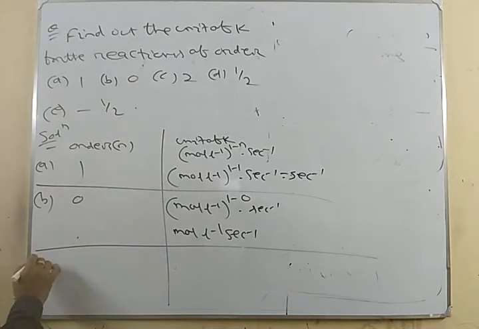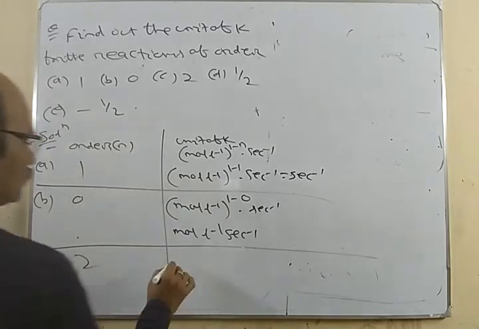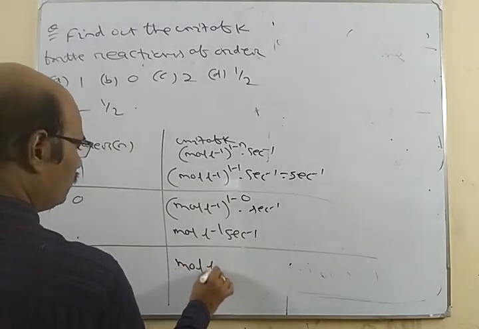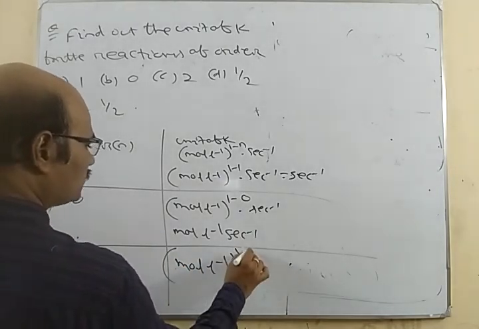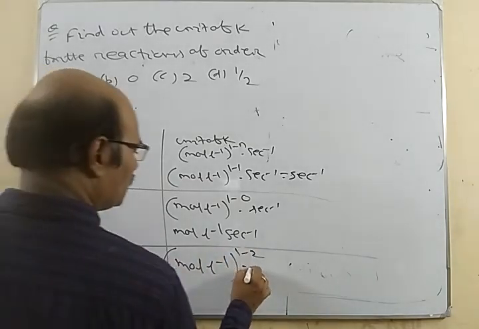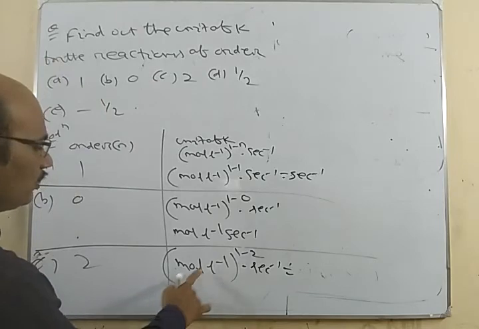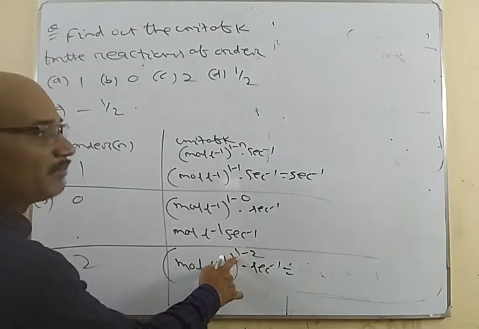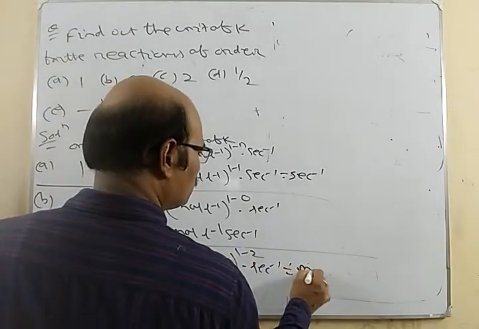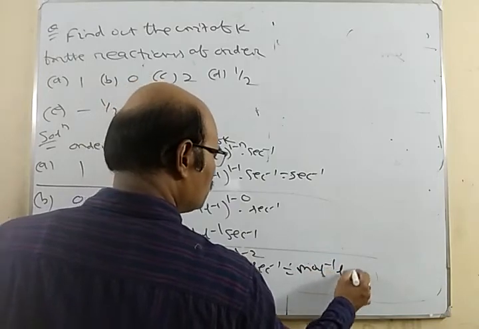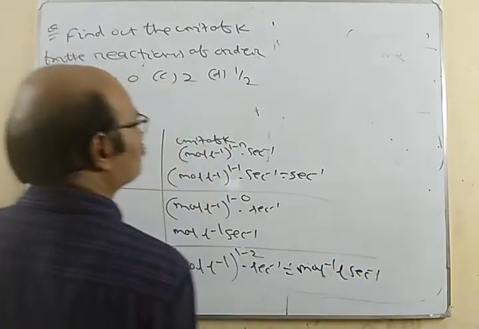Now for C, the order is 2. So mole liter inverse power 1 minus 2 into second inverse. That is mole liter inverse power minus 1, which is mole inverse liter second inverse.